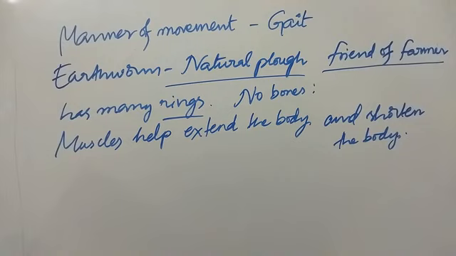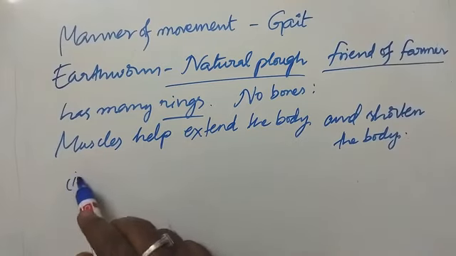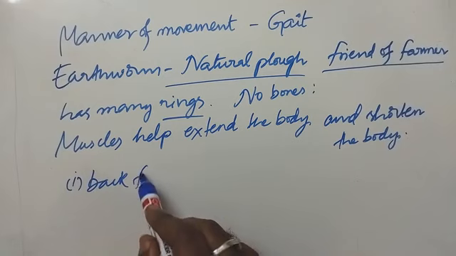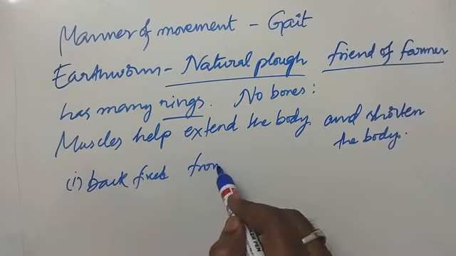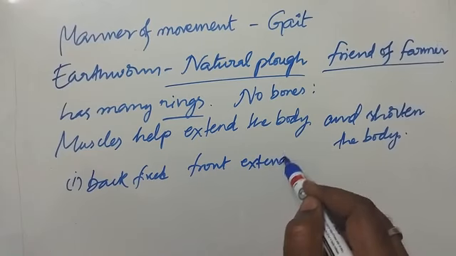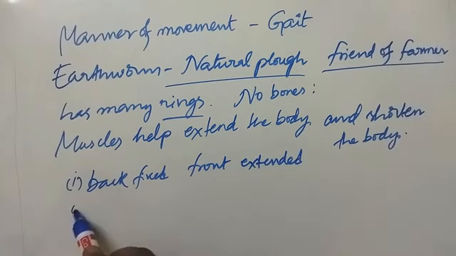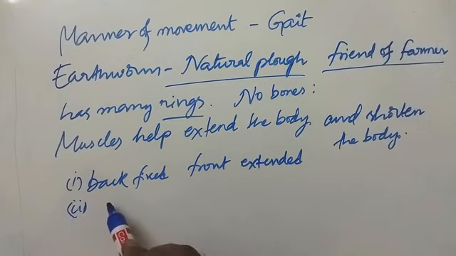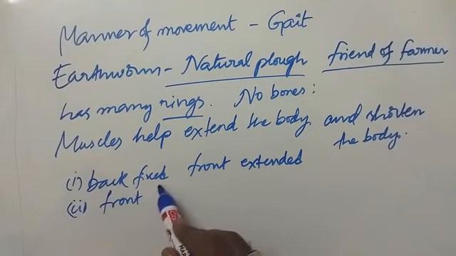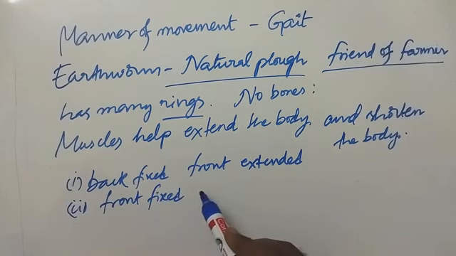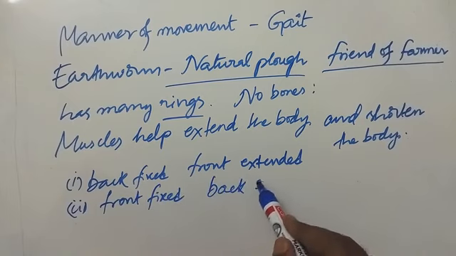During the movement of the earthworm, three things happen. We need to consider the front and back portions. As a first step, the back portion is fixed and the front extended. Second step, the front is fixed and the back released.